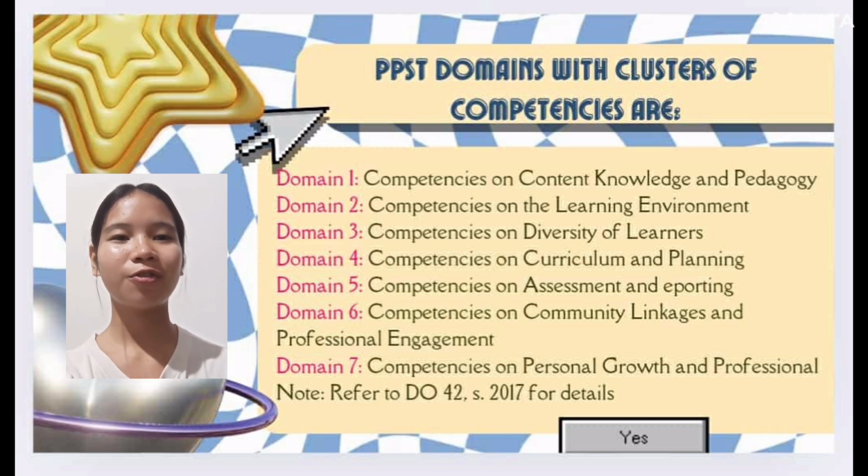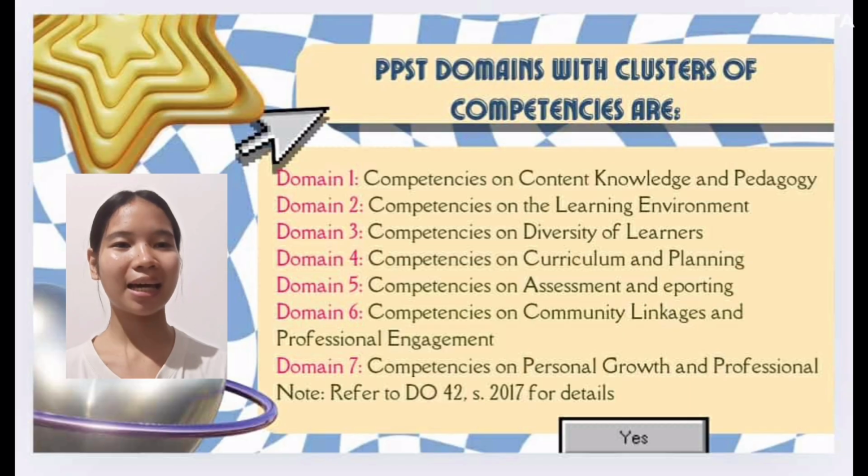Okay, so let's go to domain 5, which is about competencies on assessment and reporting. So teachers should check how well students are learning and give feedback to help them improve. For example, after giving a test, the teacher explains the answers and helps students learn from their mistakes.